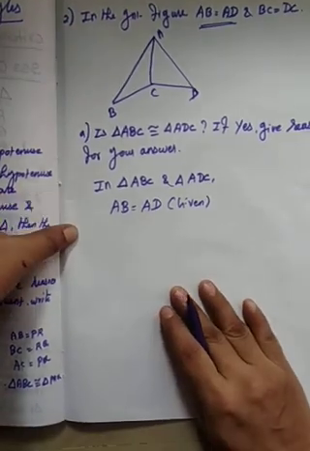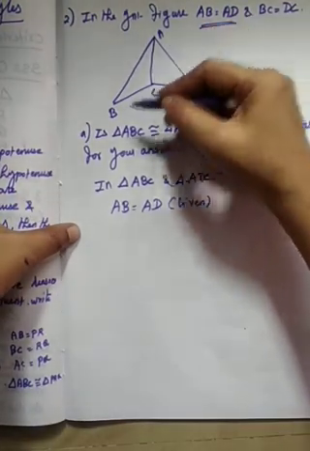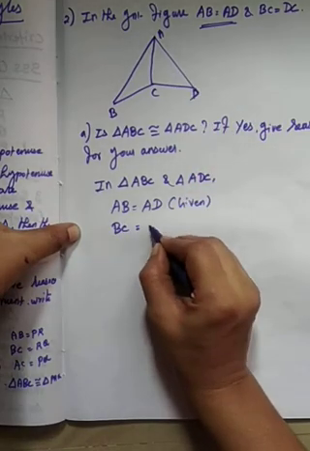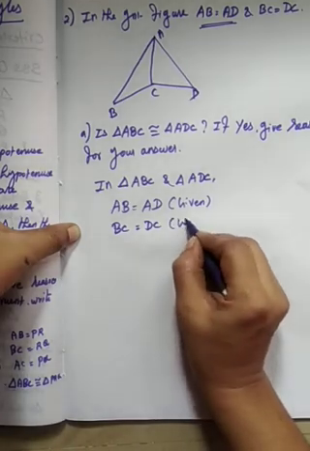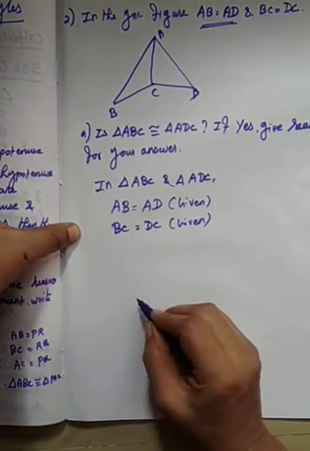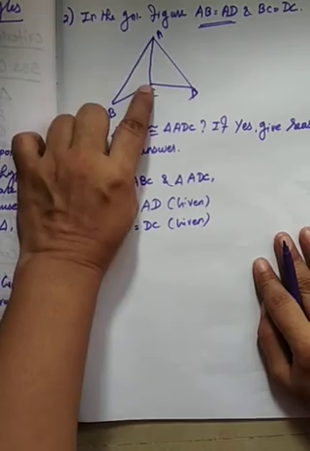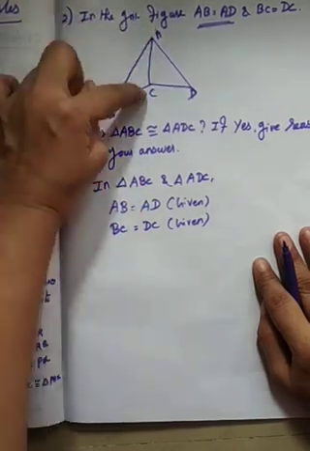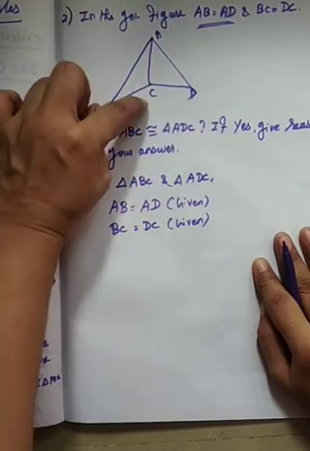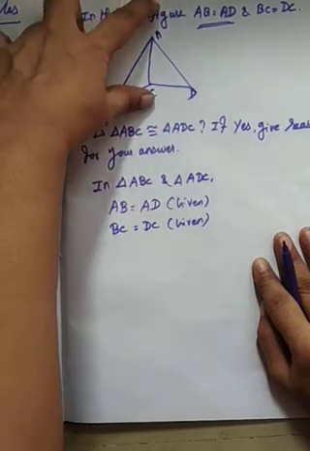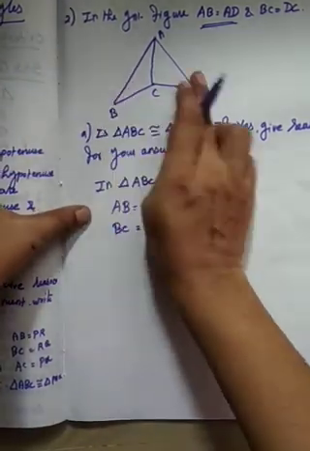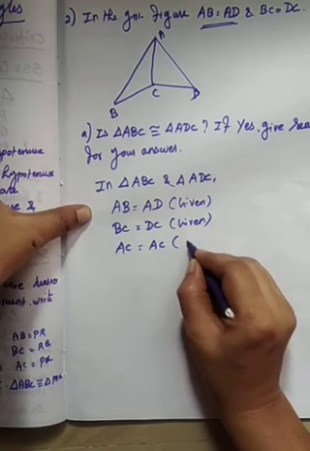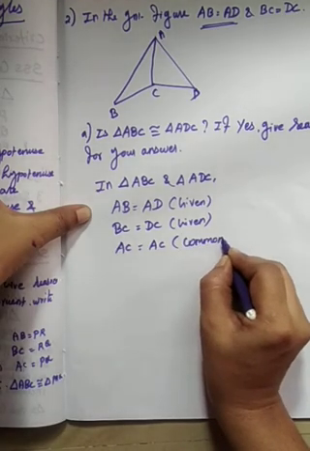After that, BC equal to CD, this is also a given condition. Now in triangle ABC there is AC, and in triangle ADC, here also AC. So AC equal to AC, common side. In these two triangles, AC equal to AC, you can put common side.